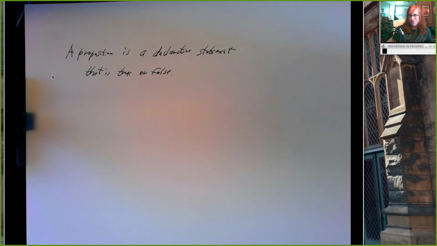It's a really simple definition, but it's really important, and it's very easy to forget this definition. So a declarative statement that is true or false.